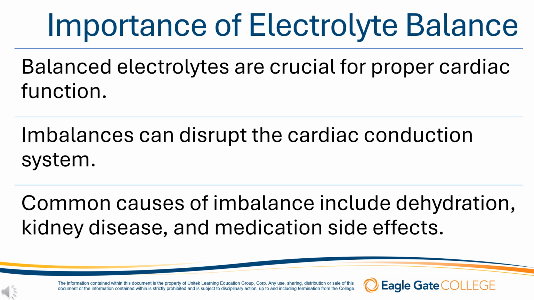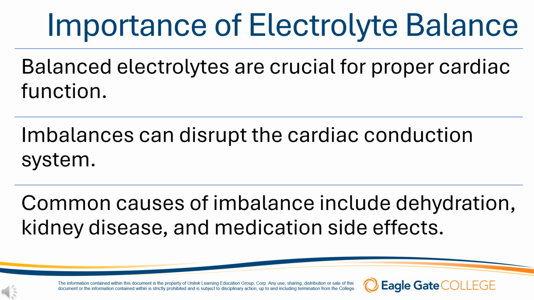Certain medications can impact electrolyte levels. Diuretics, for example, can cause the body to excrete too much potassium or sodium. Other medications, such as ACE inhibitors, can affect potassium levels. Monitoring and managing medication side effects is important to prevent arrhythmias.